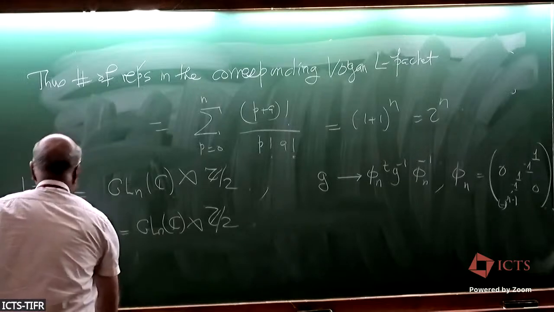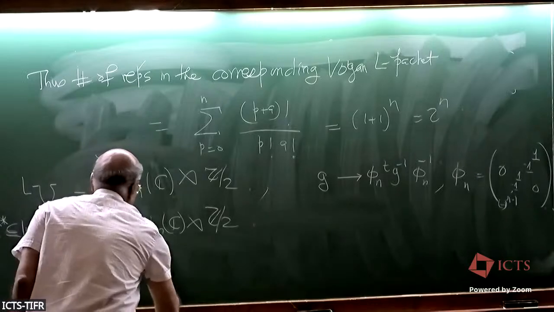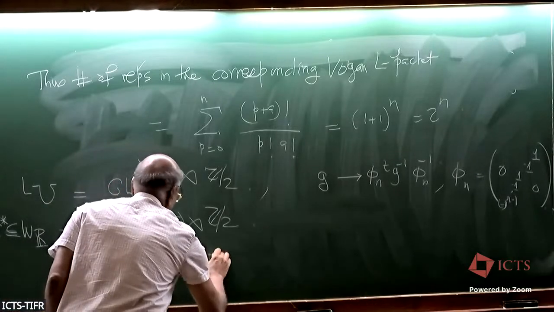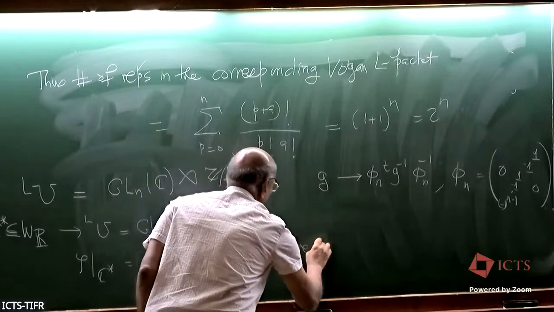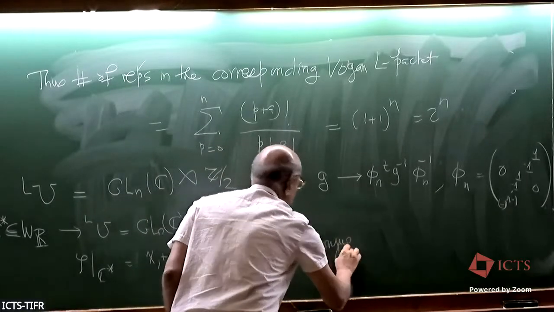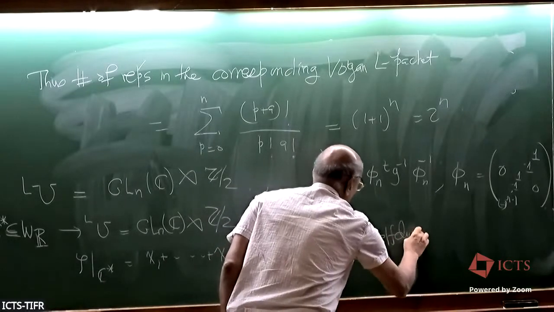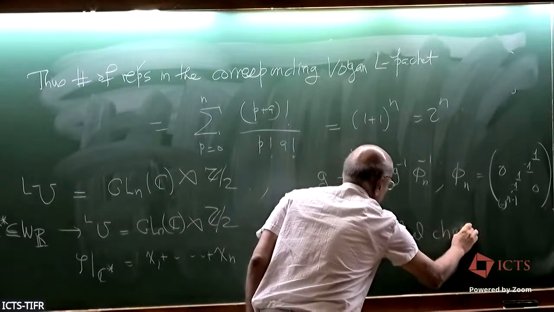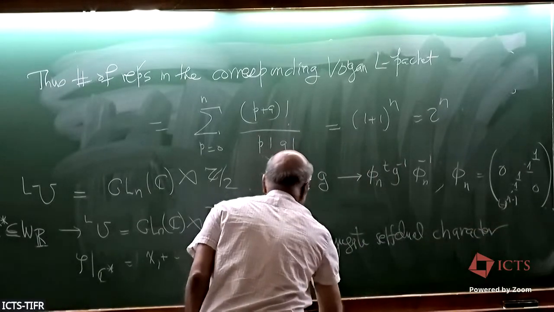So phi restricted to C star is chi_1 plus ... plus chi_n, where the chi_i are conjugate self-dual characters of C star.